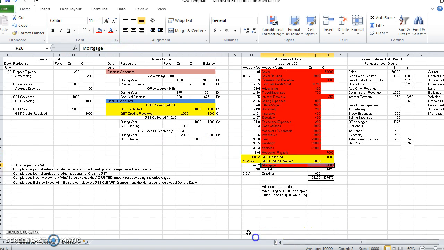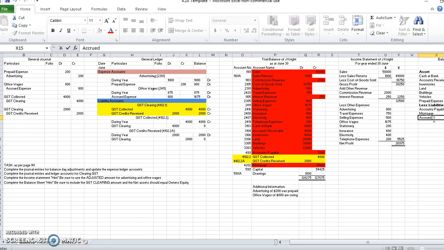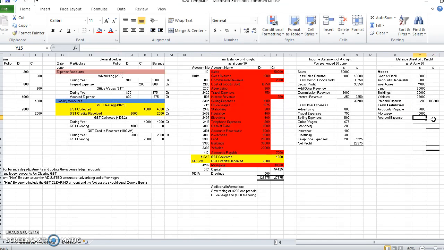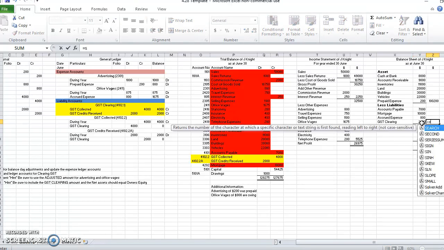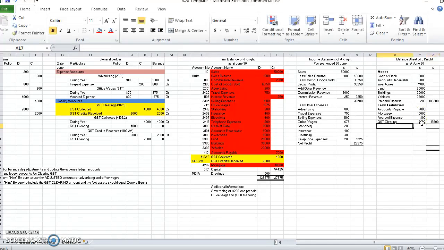We have the accrued expense, which was 800, because we have to pay that in the future, and also the GST amount. So the GST, rather than being separate, is going to be one amount, GST clearing liability of 2,000. We can get our total liabilities.